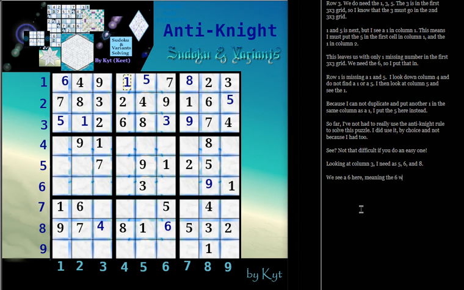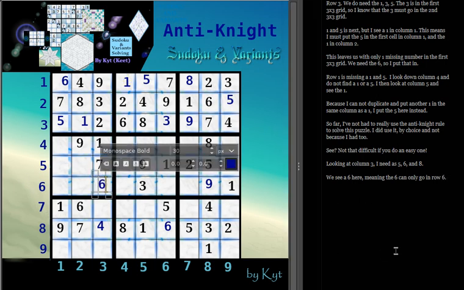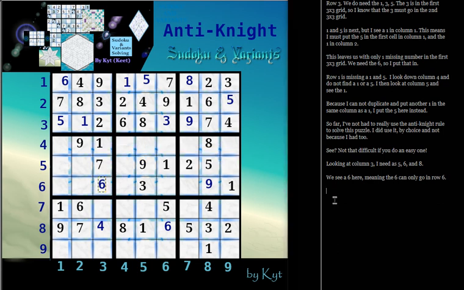Meaning the 6 can only go in row 6. Now we see a 5 in row 7. Thus I will put the 8 here and the 5 down here.